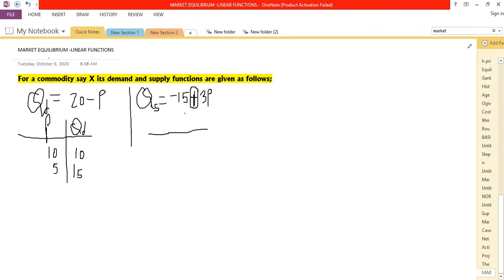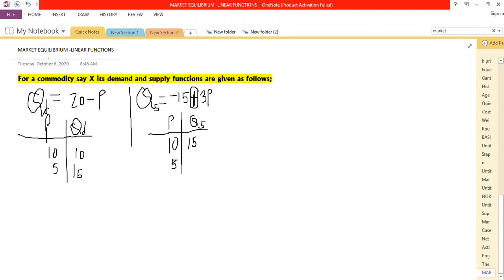Also, for the quantity supplied, you can relate it to the price. You can set a price of shillings 10. How much would be the quantity? If you put 10 shillings here, you would have 15 units. Assuming the price is at shillings 5, it's good to go for the same prices since you're drawing this on the same Cartesian plane.